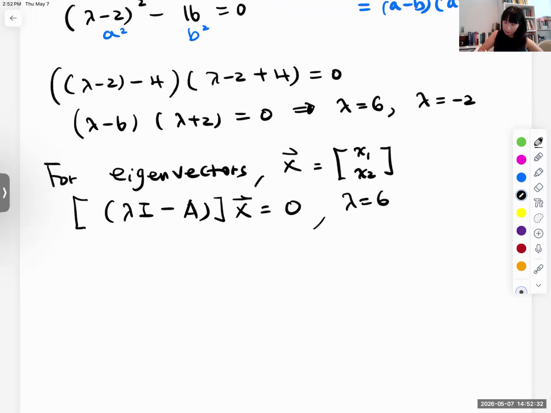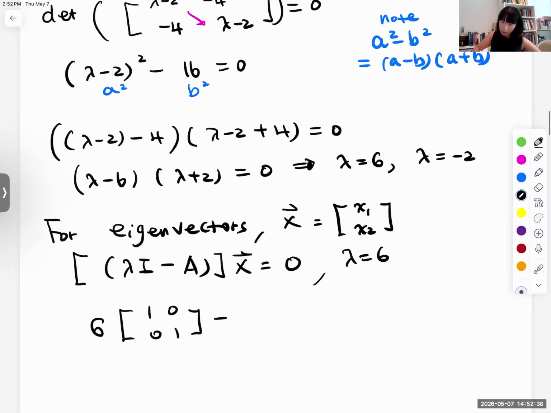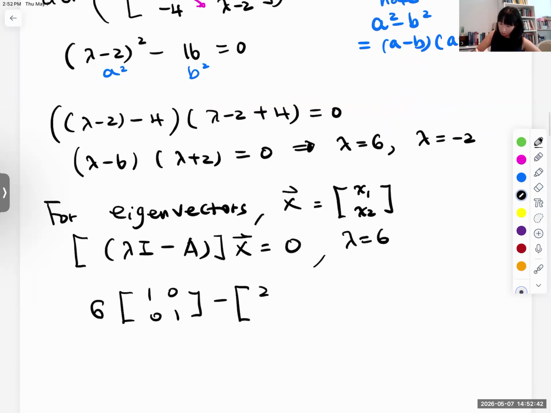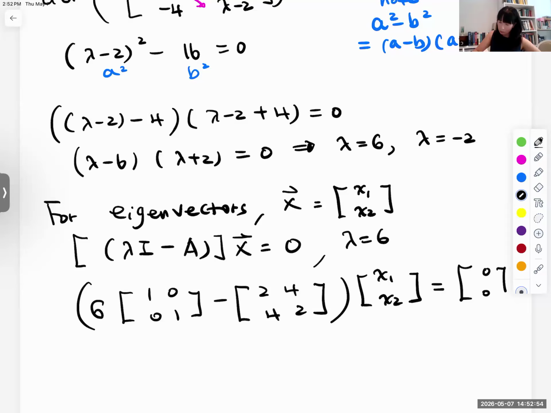Okay, so there will be 6I, which is 1, 0, 0, 1, minus A, in this case 2, 4, 4, 2. And we multiply by x sub 1, x sub 2 equal to 0, 0.